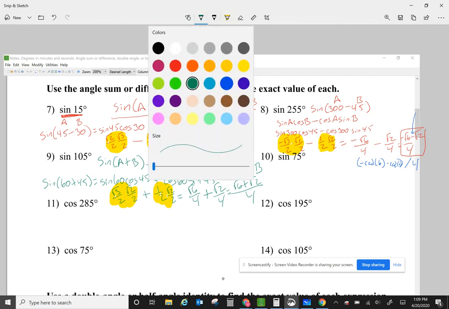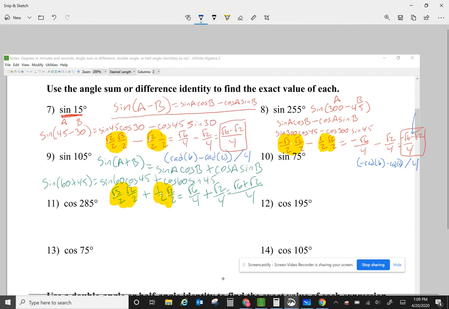How am I going to type this? Let's do this in blue. Because there's a plus sign on the top, I'm going to use a big set of parentheses for the top. And I have radical 6 plus radical 2 all over 4. Now let's do sine of 75.